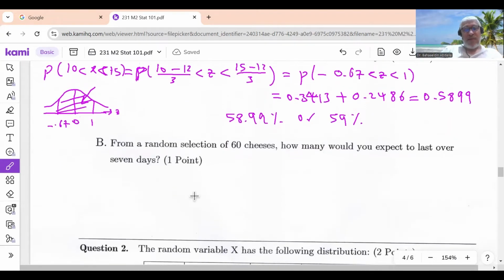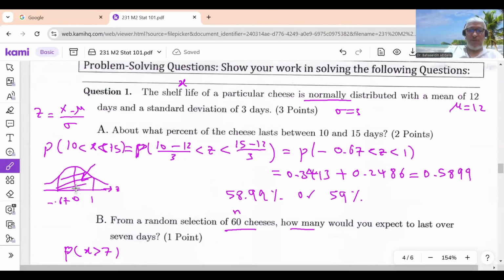From a random selection of 60 cheese, if you select 60 cheese, how many would you expect to last over 7 days? So let us find the probability that the life of the cheese is greater than 7 days.